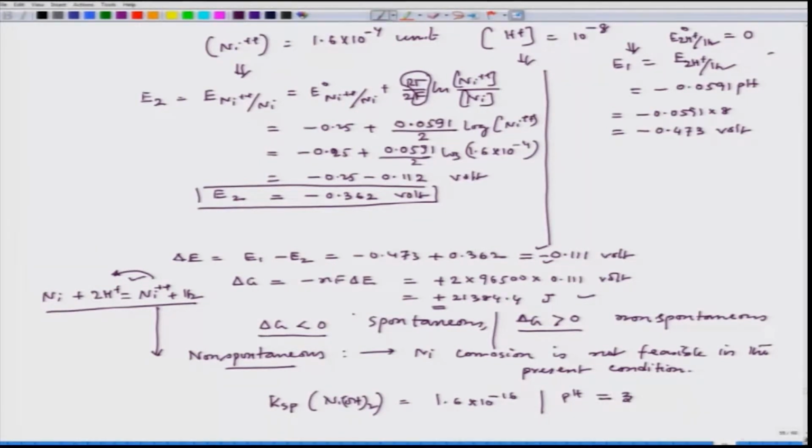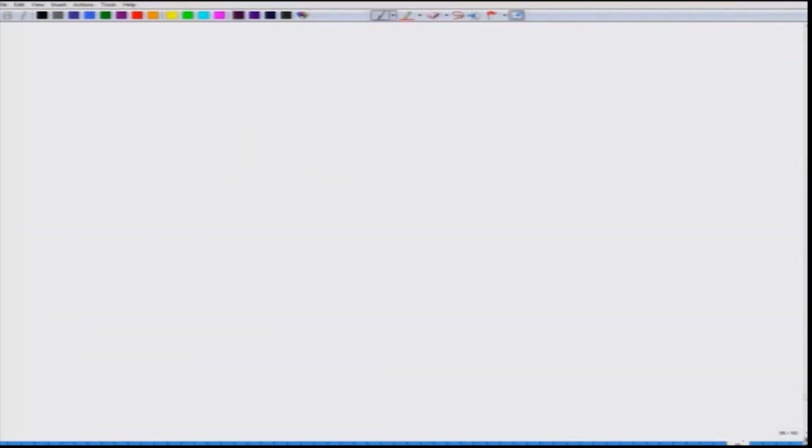So, if pH becomes 3, then I can find out the H plus ion concentration, or I can take a different route, since we have seen pH plus pOH equal to 14. So, pH equal to 3, so pOH equal to 14 minus 3 equal to 11.